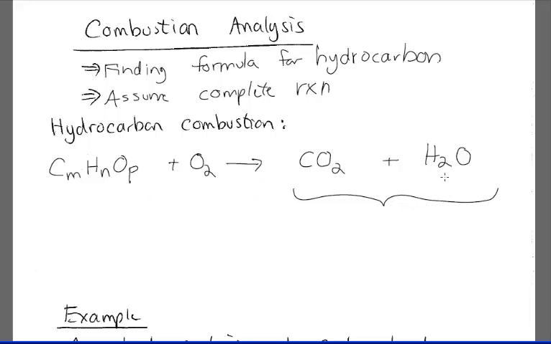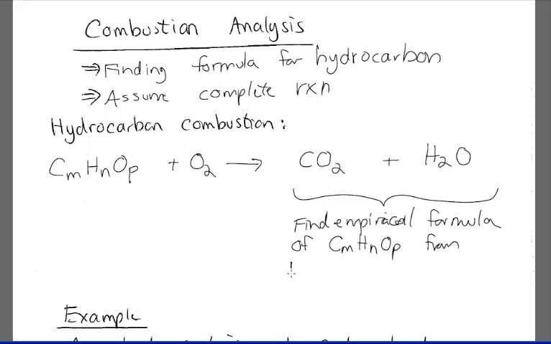And with water, you get 2 hydrogens in every water, so N divided by 2 will be the number of waters you produce. Okay, so you're going to find the empirical formula of the hydrocarbon, CmHnOp, from the mass of CO2 and water produced.